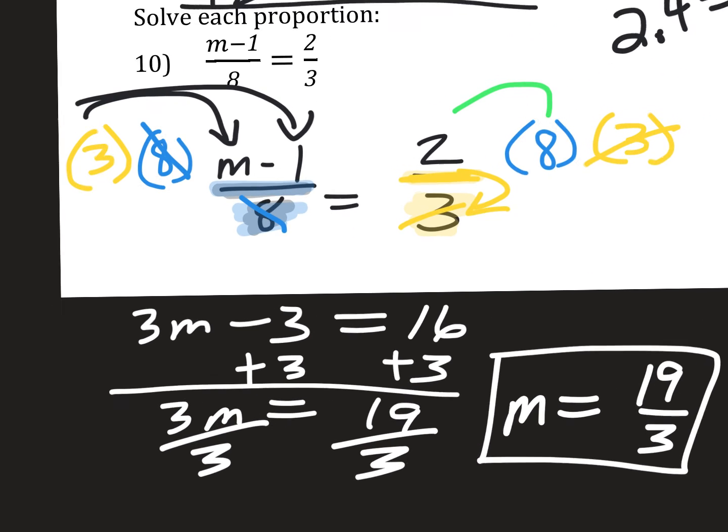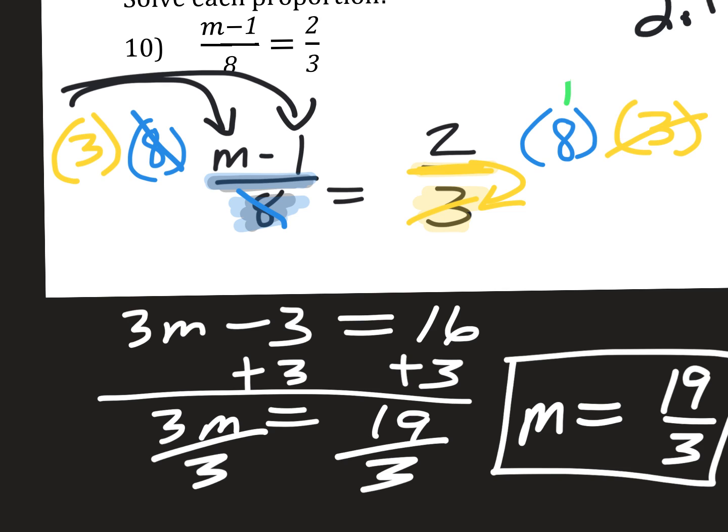So the big key to this one is to make sure that you cancel out those denominators. Since you've got an 8 and you've got a 3, just multiply both sides by 8 and 3, and then those will cancel. And just multiply what you've got left over and then solve.